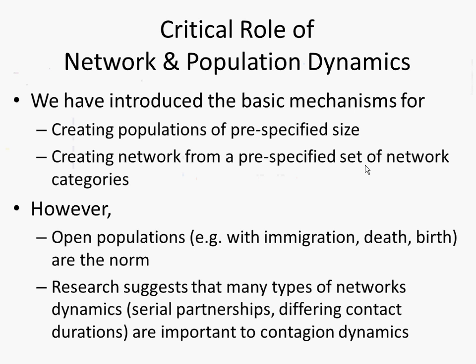Moreover, research suggests that for many situations in network dynamics, the change of networks over time has a disproportionate impact on dynamics of the overall system when compared with static networks.